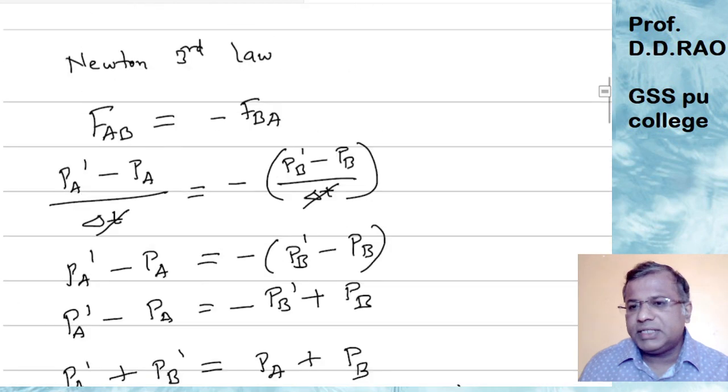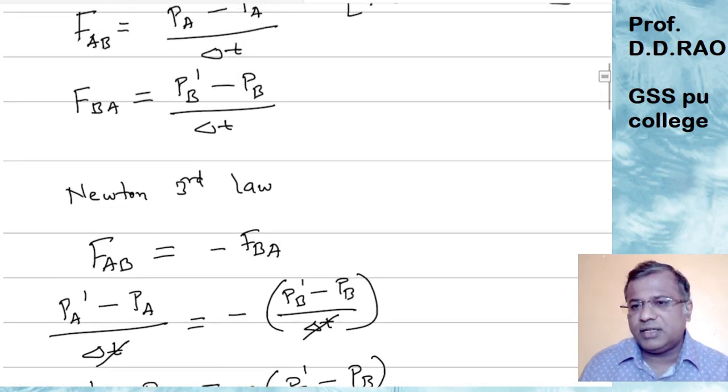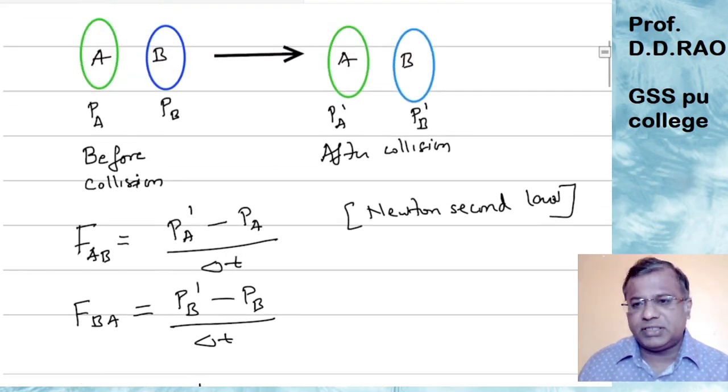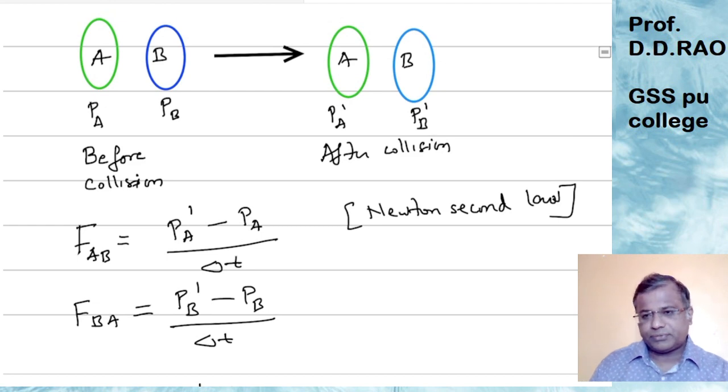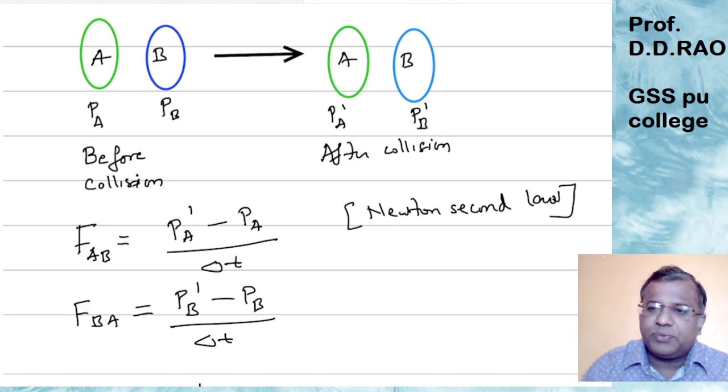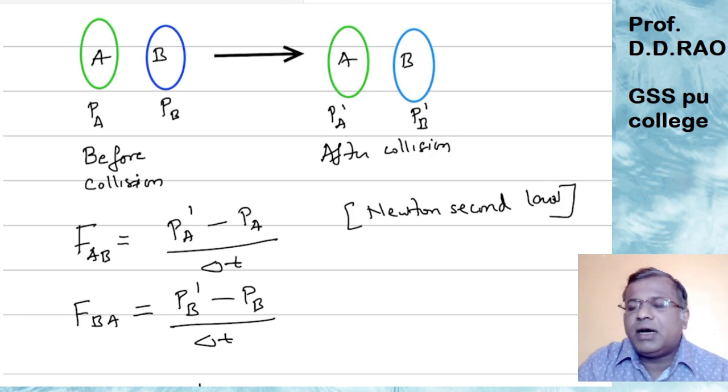So this is how we have the derivation for the law of conservation of momentum. Just go through the video once or twice, write it down properly in a notebook. Then I think surely you will be able to follow it.